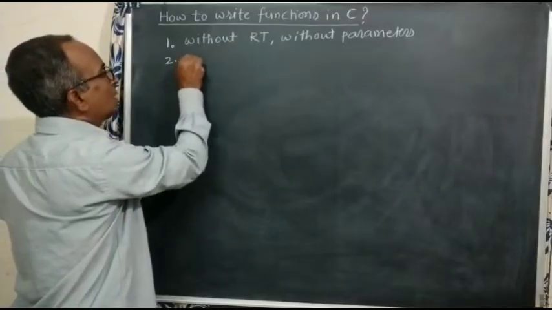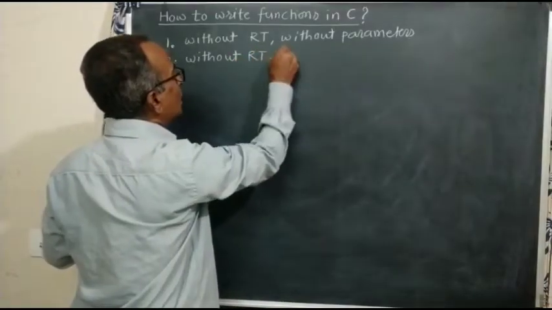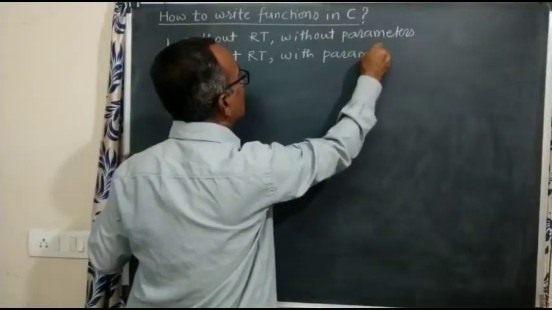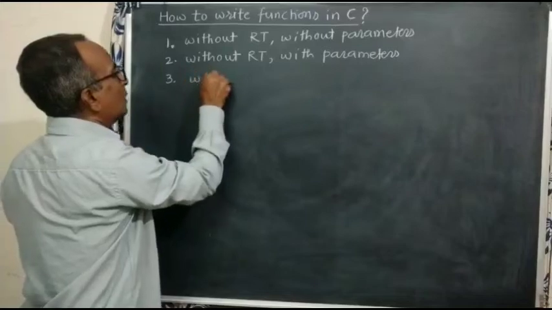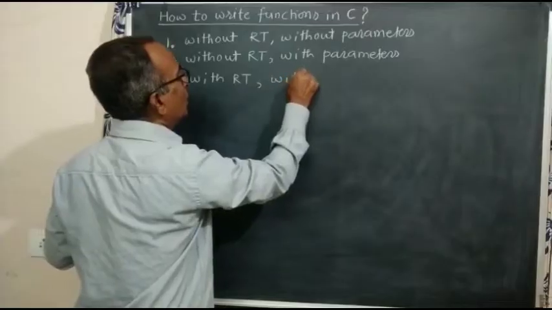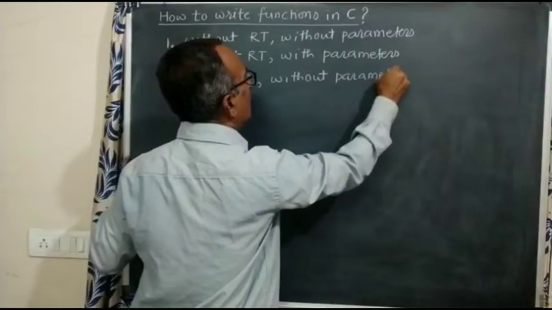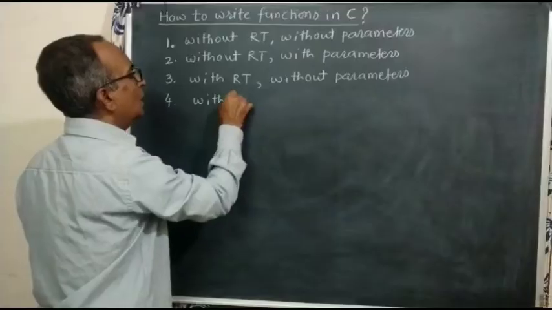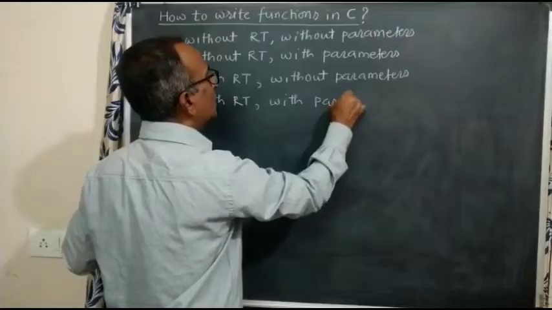Second way is without return type with parameters. With return type without parameters. And the last one is with return type and with parameters.